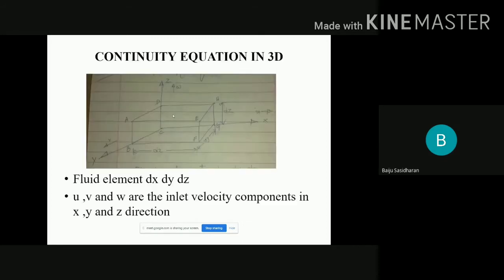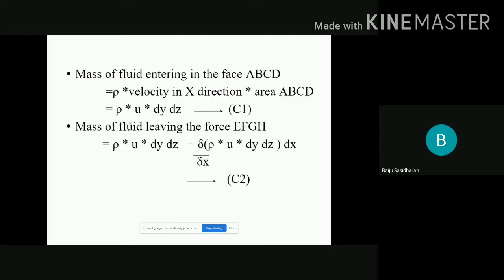Here it is rho into u into the area of this face, and the area of this face will be dy into dz. That is why rho into u into dy dz.